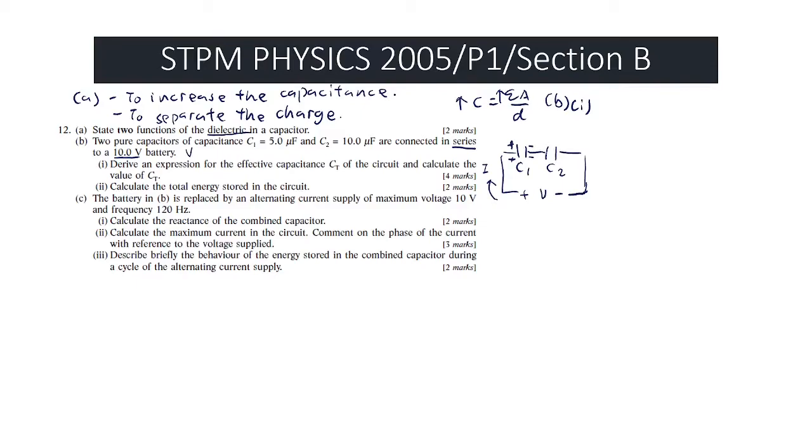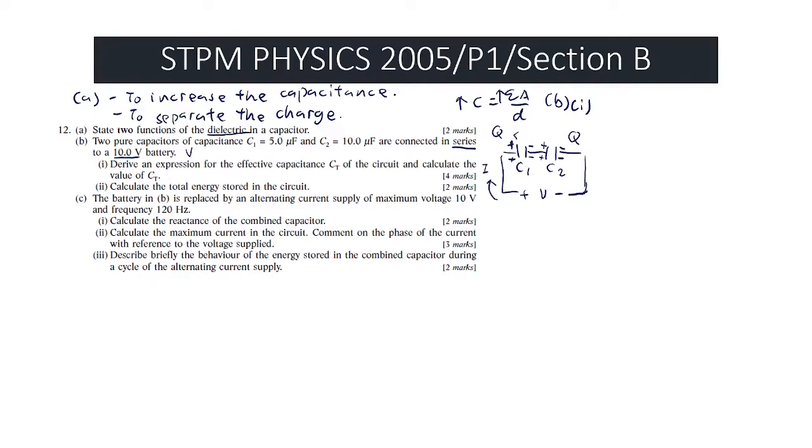So this will form the positive here, and again the same thing, the electrons will get attracted to this side, and then here becomes a negative charge. Now we can conclude that this Q is the same for C1 and C2.